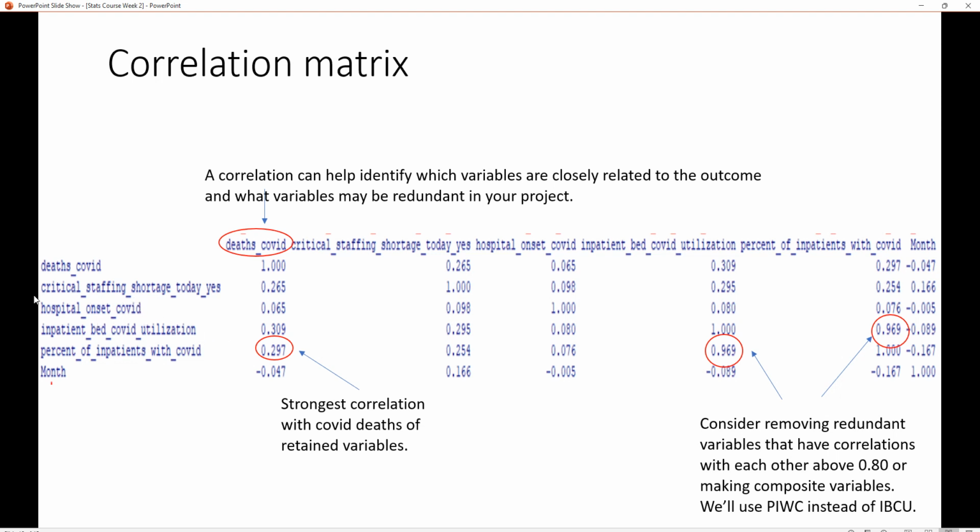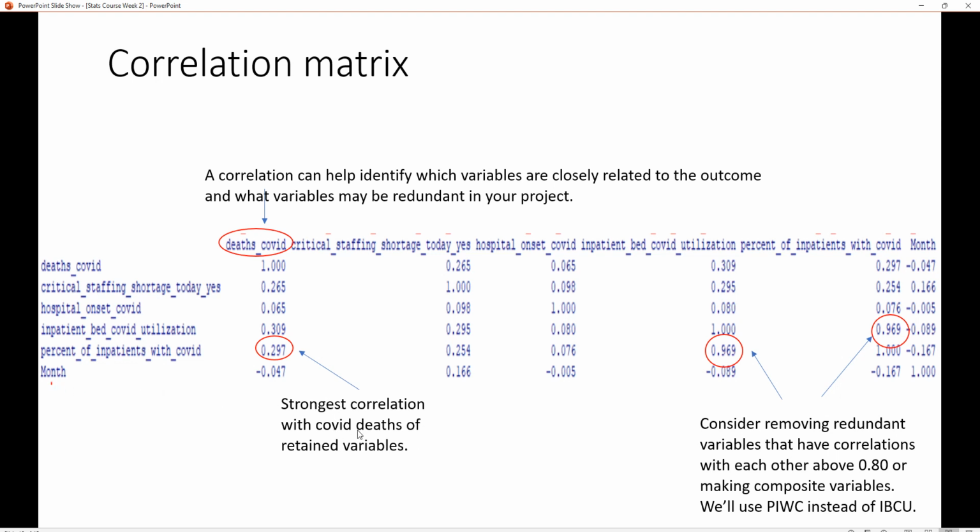But we might have some unique information found within the correlation between COVID deaths and hospital onset of COVID. We also have month in that correlation matrix. It's a weak and negative correlation, but we can use weak correlations if they represent a unique part of the puzzle that we won't get from any of the other variables. So we'll go ahead and use month as well.